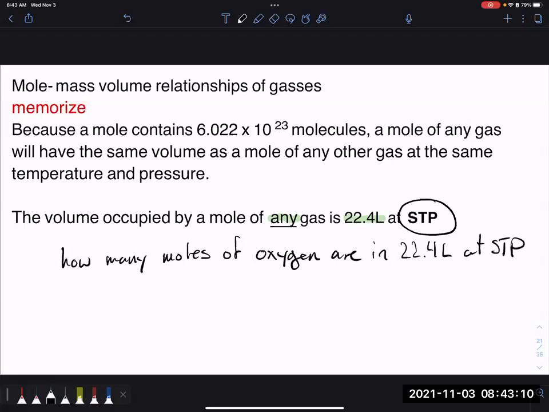That would be 1 mole. If it was oxygen, nitrogen, methane, or cyanide gas, 22.4 liters is 1 mole. As a straight conversion factor, 22.4 liters equals 1 mole.